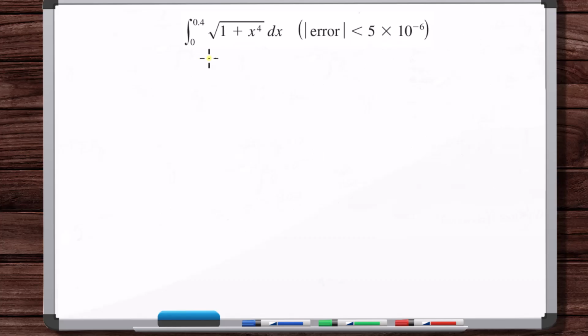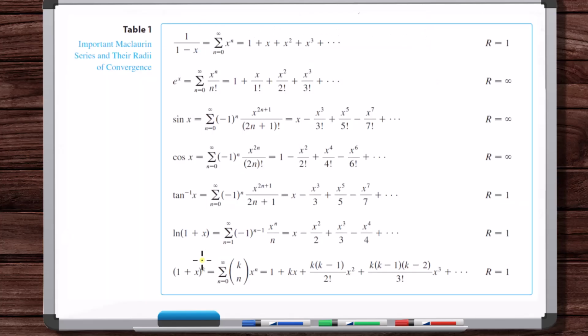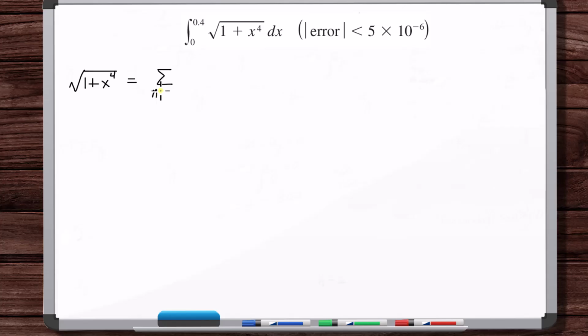Okay, same type of problem. Let's start by writing this integrand as a power series. So we're going to use the binomial series here with k equal to 1/2 and x equal to x to the 4th.